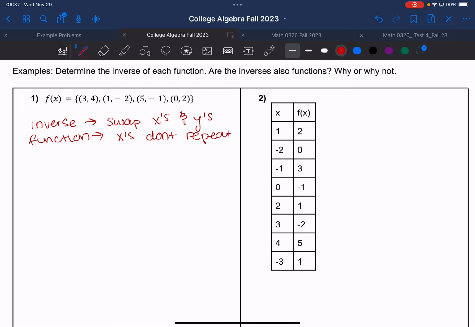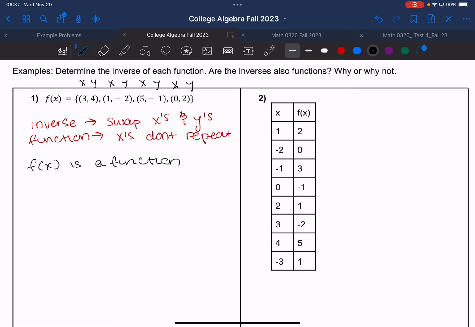So just looking at our function at the top, our original function, if we were to label all the x and y values, because these are points, looking at just the x's, do any of these x's repeat in this function? No. So that means the original function is a function. So we say f of x is a function.